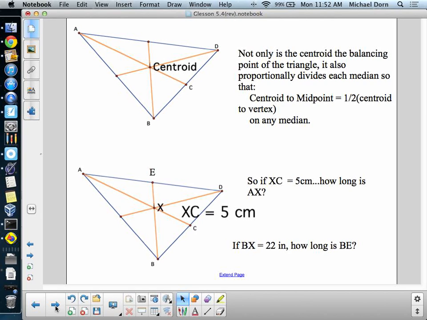The other thing that's interesting about the centroid, though, and the one we actually use more often, is it divides each segment proportionally. And this is unique. This is the only one of the points of concurrency that does that. It means that for every unit of measurement we have here, x, from the centroid to C, we have 2 units of measurement here.